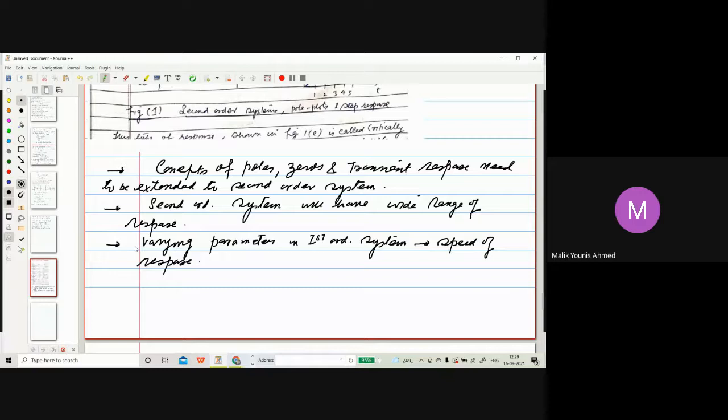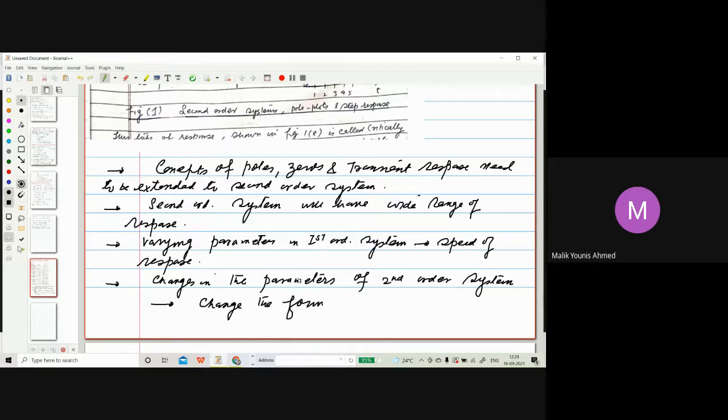But in contrast, the changes we make in the parameters of the second order system will change the form of the response. That means the type of response it can change.